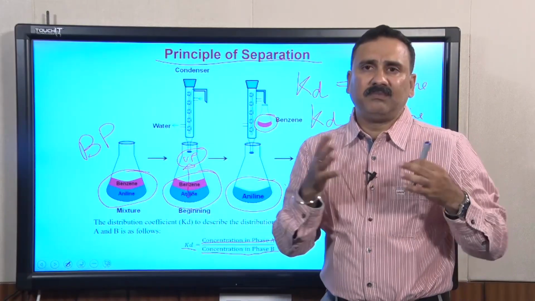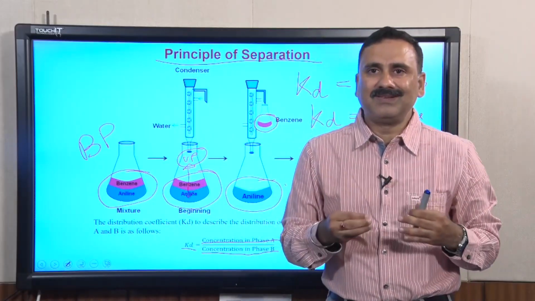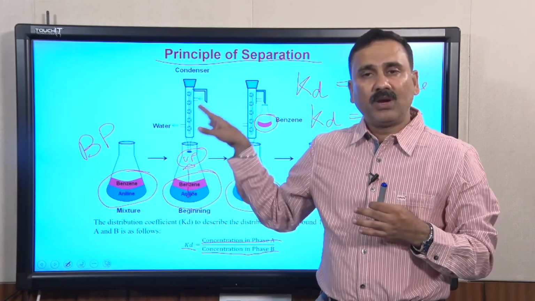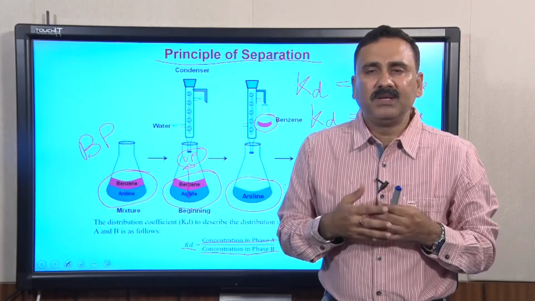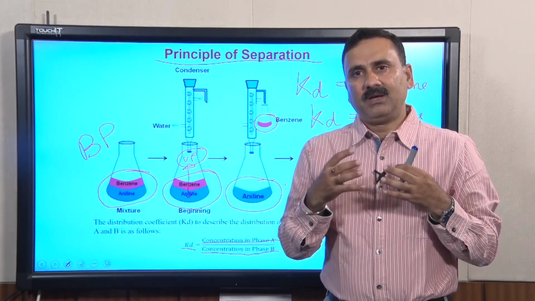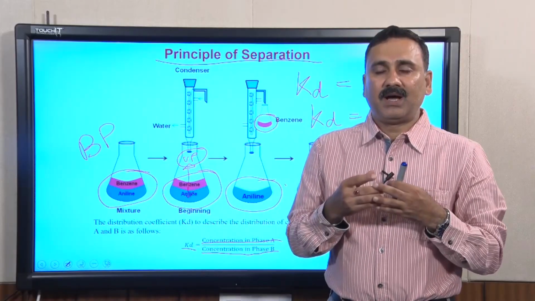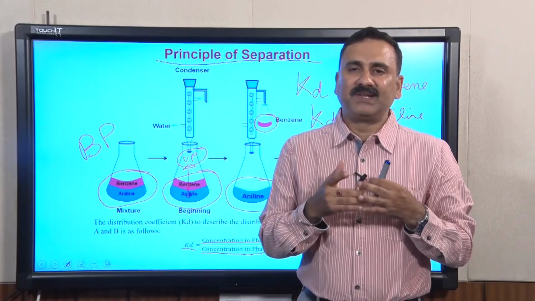So, this is actually the basic principle of separation, but as far as proteins are concerned, you cannot use the boiling point or melting point or any such criteria to separate proteins, because proteins are very delicate, gentle molecules with predefined 3-dimensional structures.